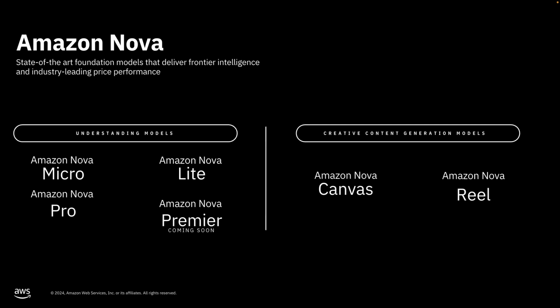But you can try out Canvas, which is a new image generation model. Then we have Amazon Nova Reel, which currently supports only 6 seconds of video you can create from your images, but in the future they are planning longer durations.